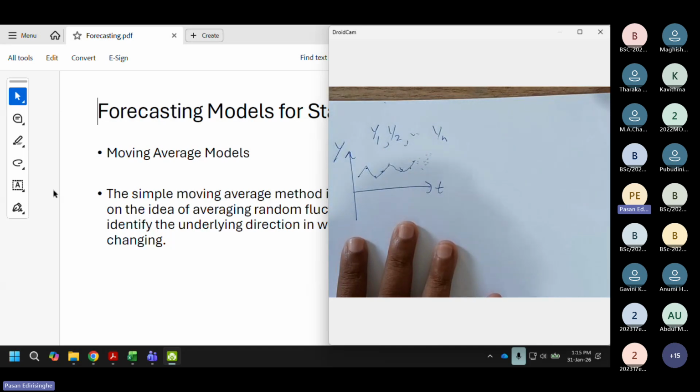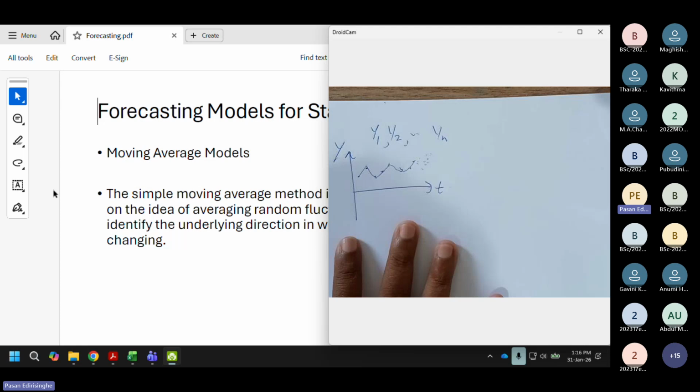In terms of prediction techniques, there are many we can apply. Most commonly, there are the ARIMA models and so on, and different types of models are available. But in terms of the very basic techniques we can try first, one is the moving average concept.